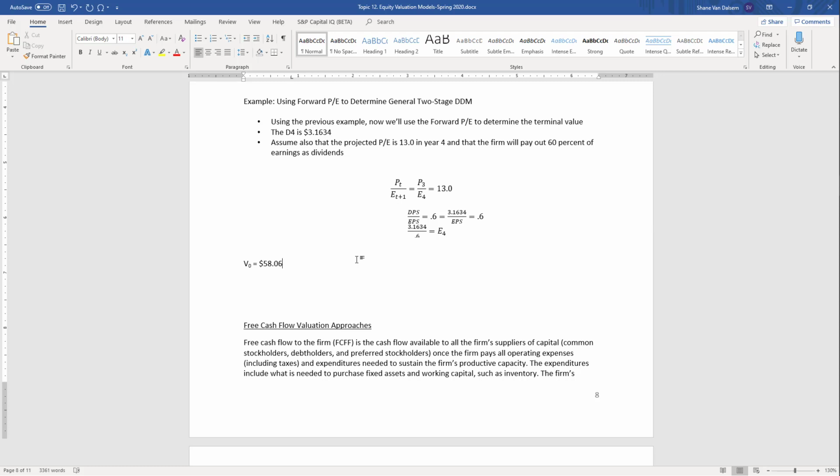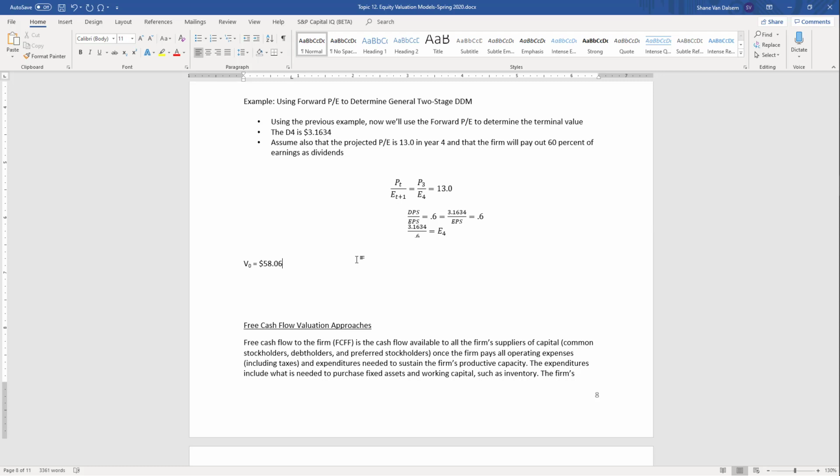All we're doing is we're using the price to earnings ratio instead of the dividend discount model. In the past, when I valued companies, I've used this technique because that dividend discount model, that constant growth model, can be very sensitive to a small change in the long-term growth rate or in the required rate of return. And so there's a lot of volatility involved with using that methodology.